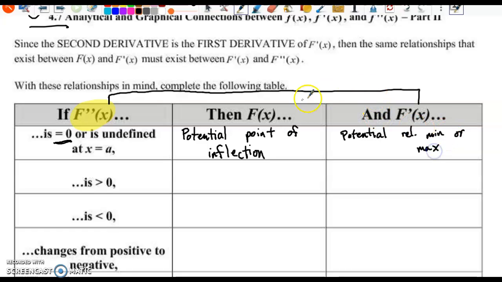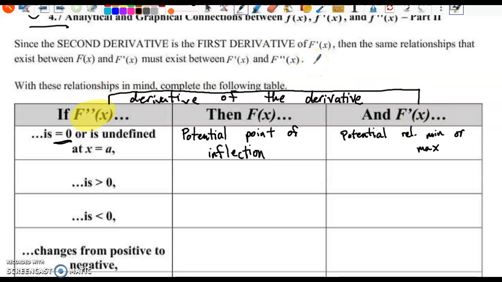The moral of this is understanding that if they give you the second derivative, this is the derivative of the derivative. So the connections we've established before between a function and its derivative need to be the same between the first derivative and the second derivative.